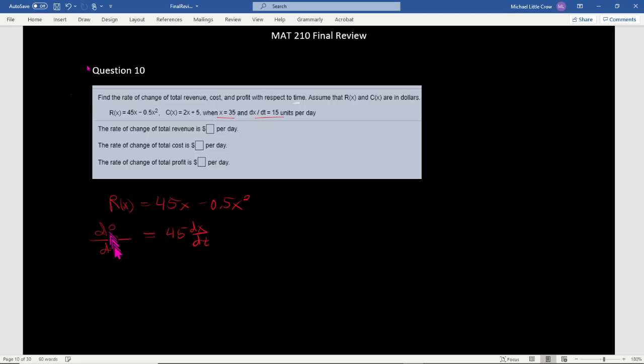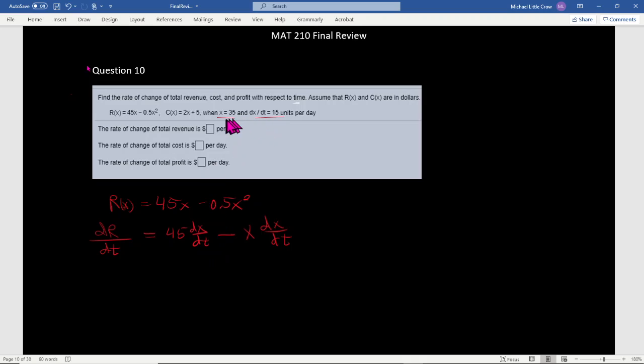So we took the derivative of R with respect to t, and we're taking the derivative of x with respect to t. And then the 2 comes down. 2 times 0.5 is actually just 1, because 0.5 is a half, and 2 times a half is 1. So x to the first power times dx/dt. Every time we take the derivative of x with respect to t, we have that.